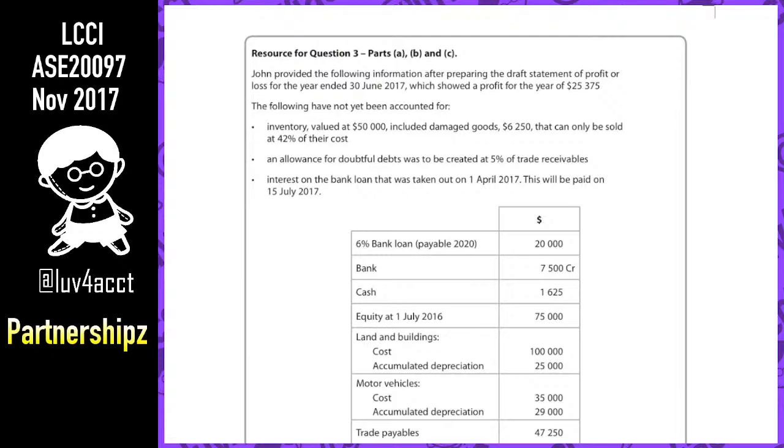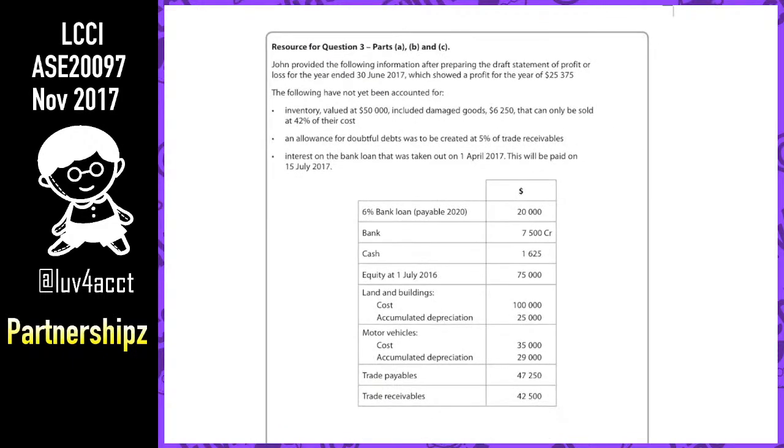Question 3, we have different things given to us from the information after preparing the draft statement of profit or loss. The draft profit calculated is 25375, and we have some other adjustments to make.